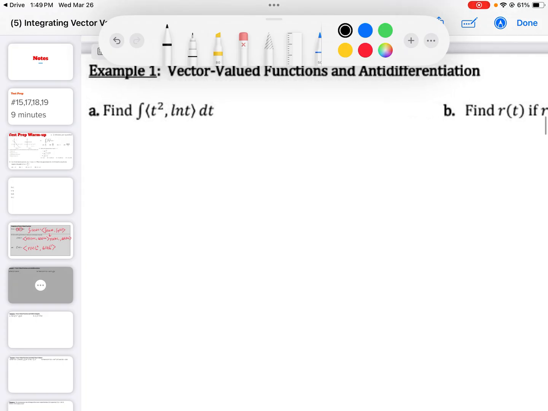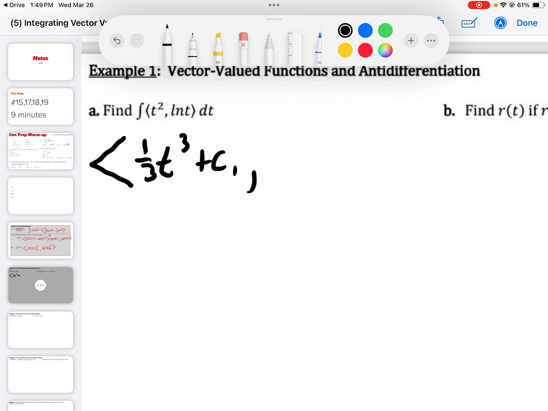All right, first example, find the antiderivative of the vector valued function given to you by t squared and the natural log of t. So this is going to be equal to the antiderivative of t squared, which is 1/3 t to the third power plus c1. Then the other one, the antiderivative of natural log of t.